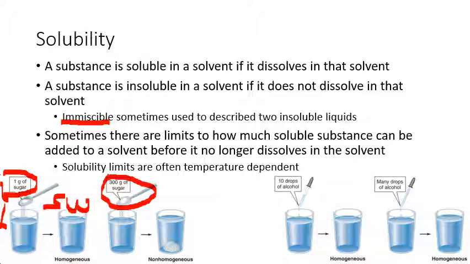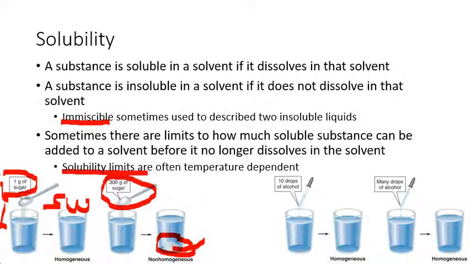Then you're going to have a whole bunch of sugar left over on the bottom. Now you still have a sugar water solution, but it's not homogeneous, it's heterogeneous because there's all this extra sugar at the bottom that didn't dissolve. There's a limit to how much sugar can be dissolved in water, and most materials have a solubility limit.